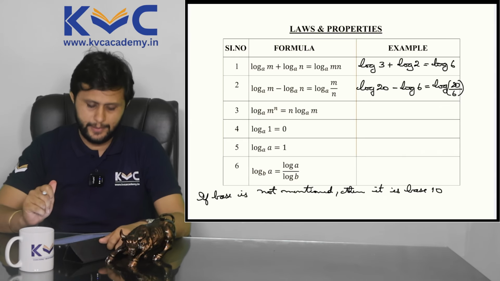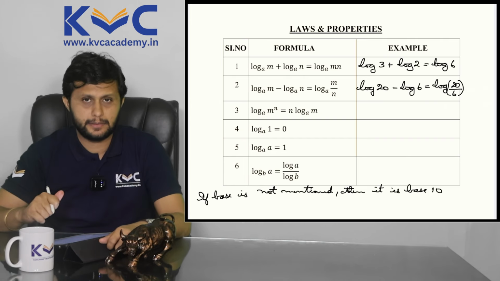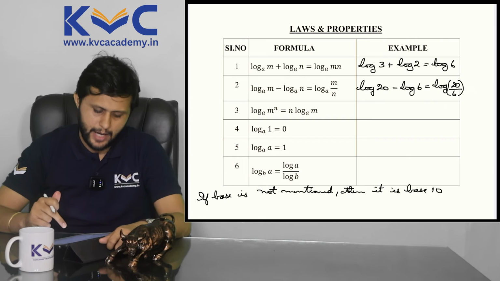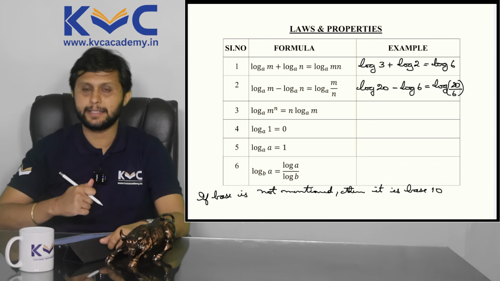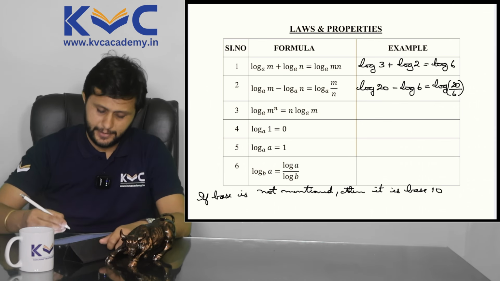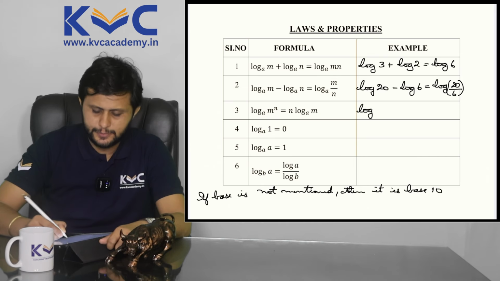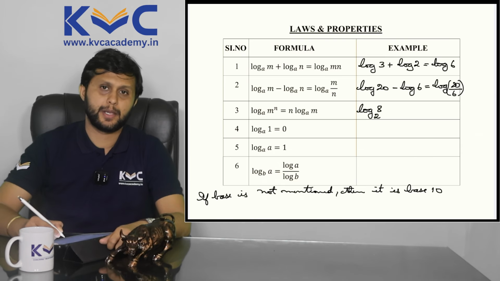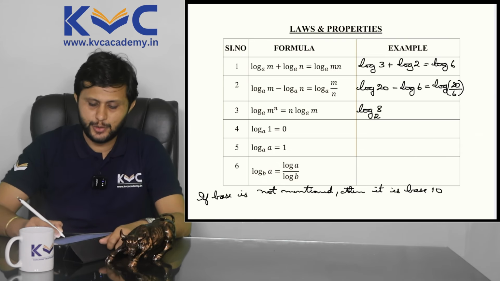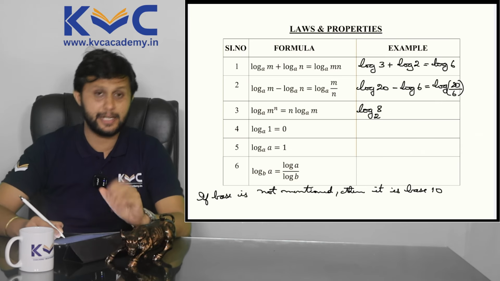Moving on to the third formula, logarithm of m to the power n to the base a. Then what happens? The power comes outside, n log m to the base a. For example, if I have, let's say, logarithm of 8 to the base 2. You may ask, where is the power over here? I know, I intentionally kept it that way.